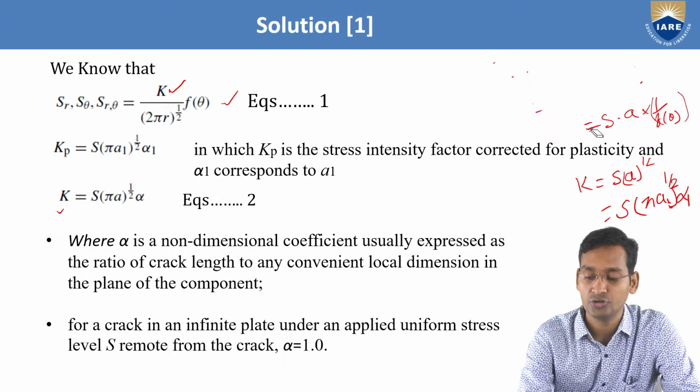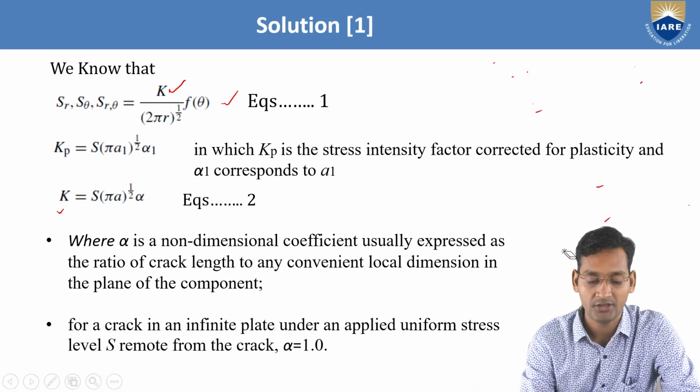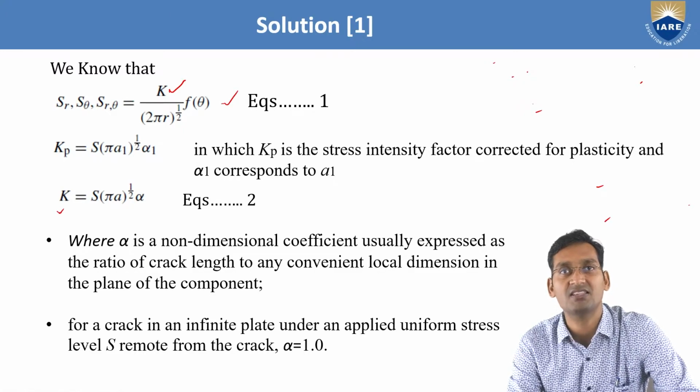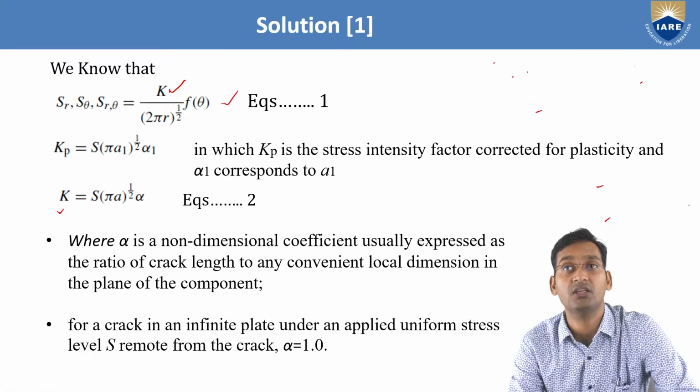That we will use later to find this one. So let's see, where alpha is a non-dimensional coefficient usually expressed as the ratio of crack length to any convenient local dimension in the plane of the component.